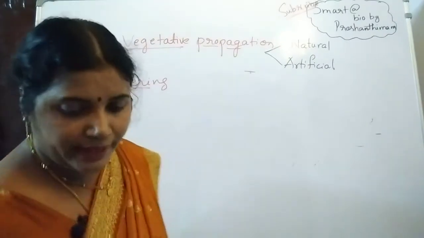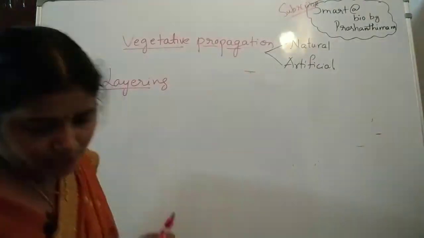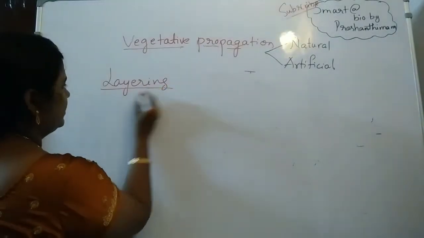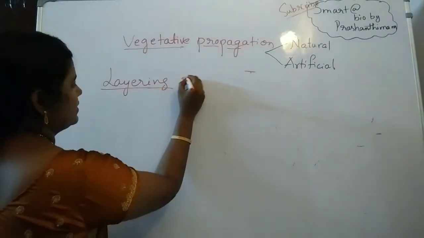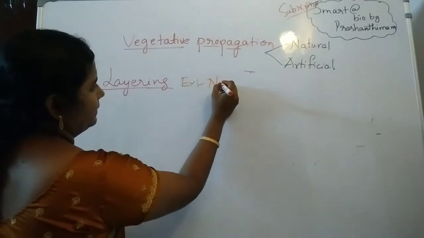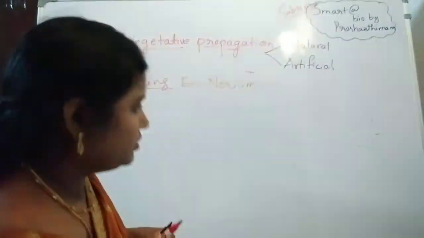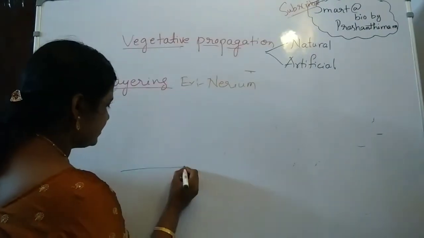Okay, so the plant which contains here, layering. Taking nerium as an example. Okay, so in this layering process, here it is a plant.